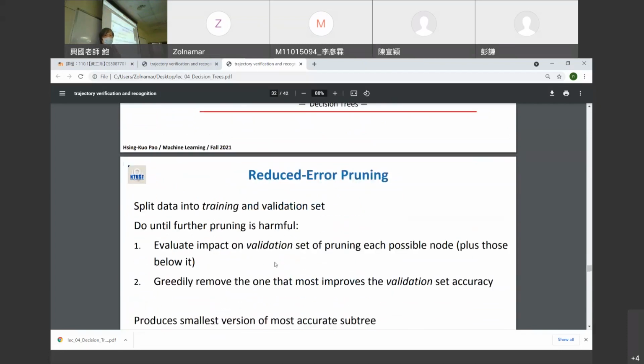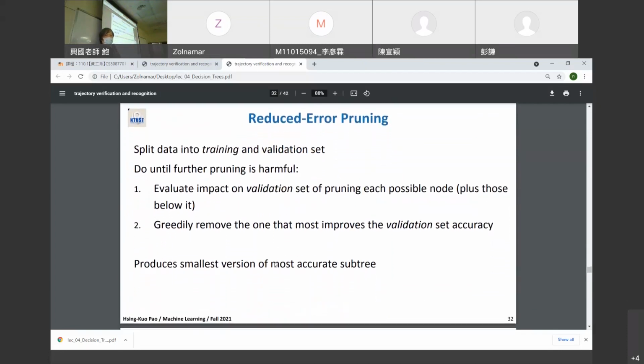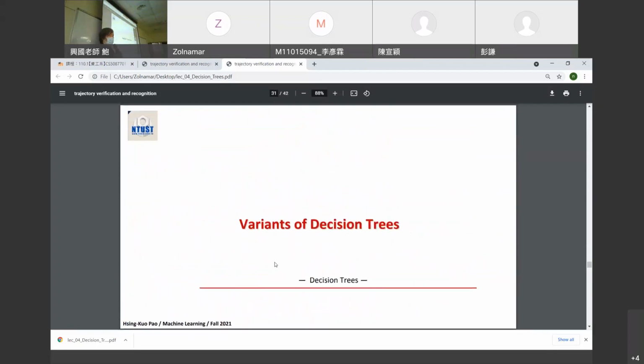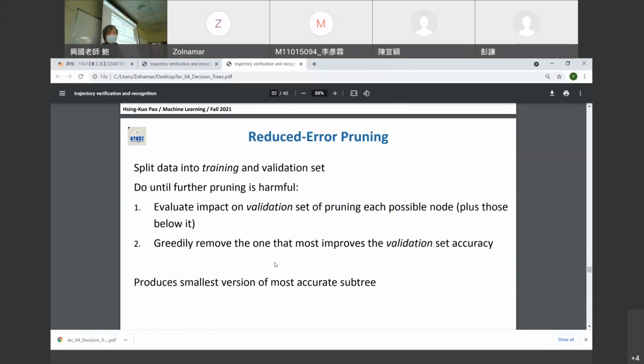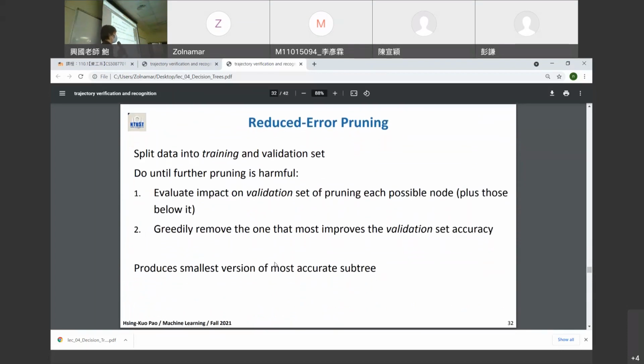Now the second part. We want to talk about several variants, and about some strategies we can try when we deal with real data. One is pruning.